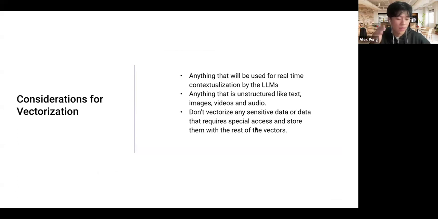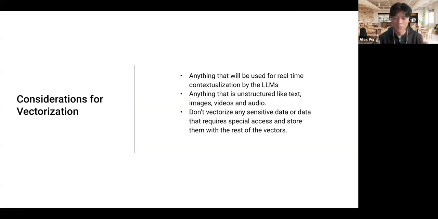So some things to consider for vectorization, which I just mentioned. Vectorization is essentially the process of converting data, for example a PDF or an image, into an LLM-readable format that an LLM is able to search over at a later time.